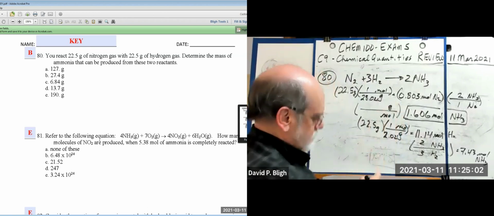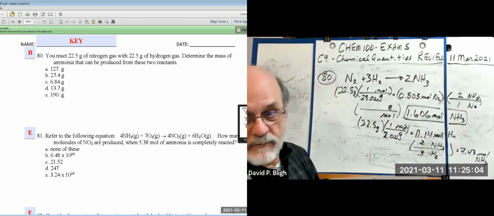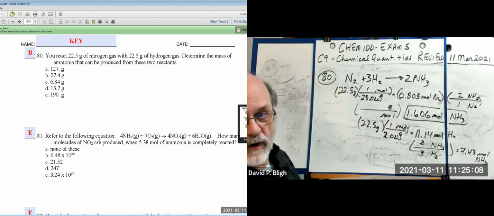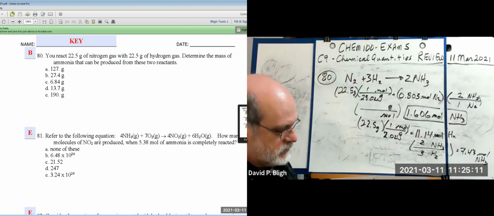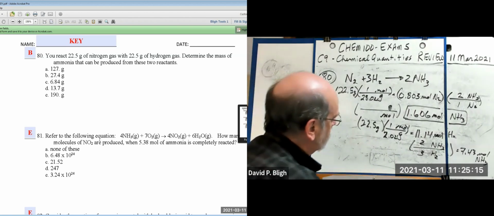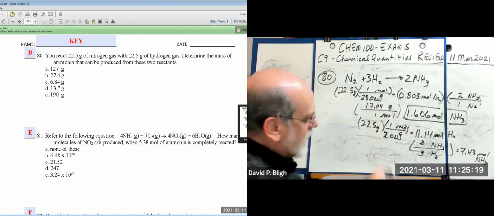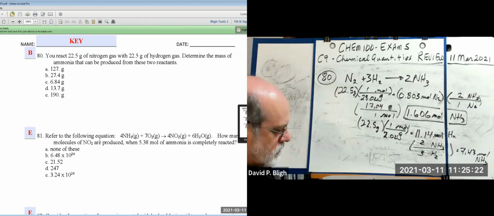Molar mass of ammonia. 14.01 for nitrogen and 3.03 for the 3 hydrogens is 17.04. Times 1.606. 27.4.